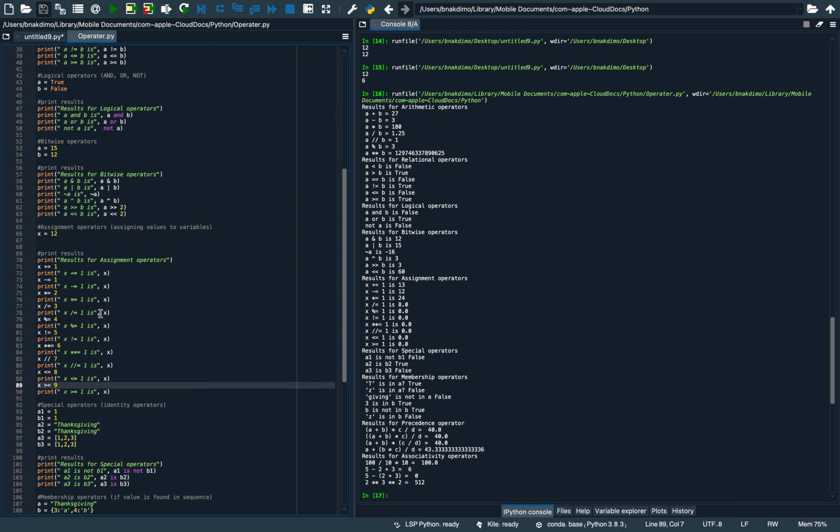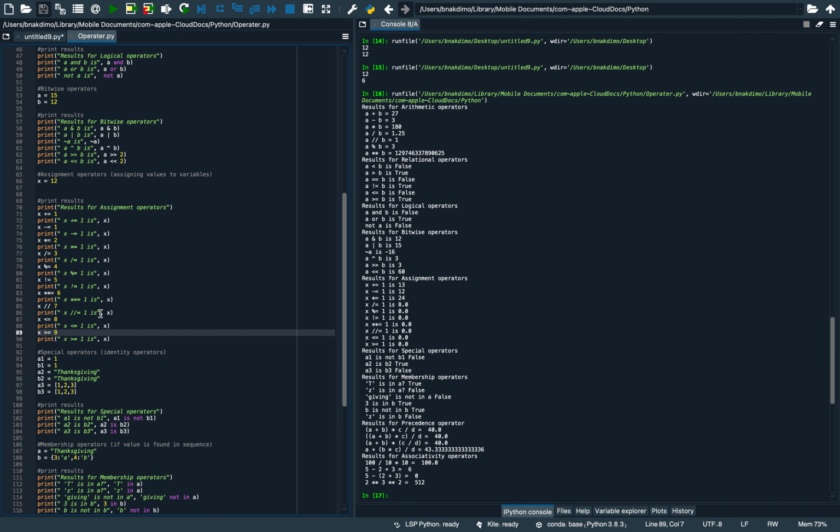The next operator is assignment operators. Instead of simple expressions like addition and subtraction, you can just write out the value. You could write it simply: x is equal to 12, and it's supposed to add the number.